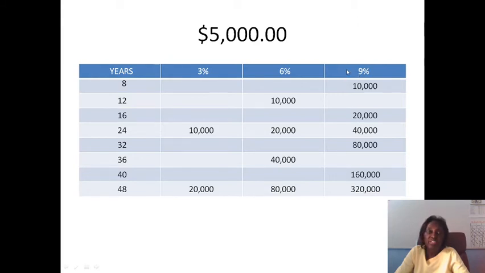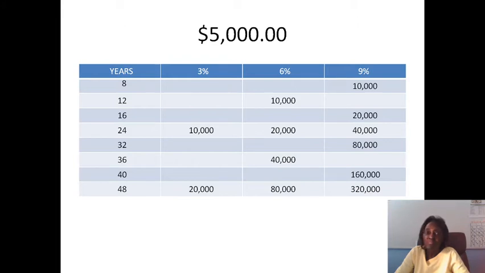Every 8 years, that 5,000 is going to double. So 5,000 becomes 10,000. Okay, you see that? 5,000 becomes 10,000 in 8 years. 10,000 doubles to 20,000 in another 8 years.